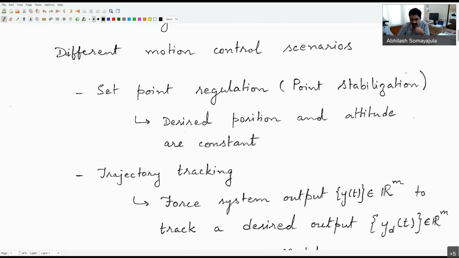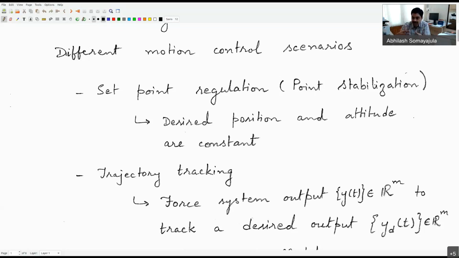In a dynamic positioning operation, I may say I want my ship to be at a so-and-so latitude and longitude, and oriented with its heading angle at a so-and-so angle to the north direction, let's say. That would represent what is called set point tracking.